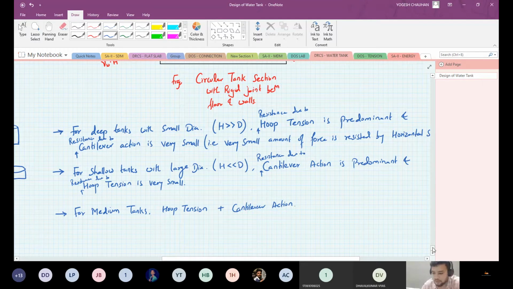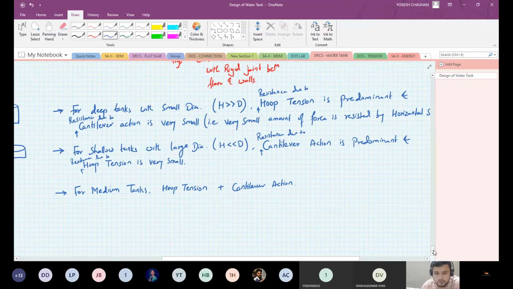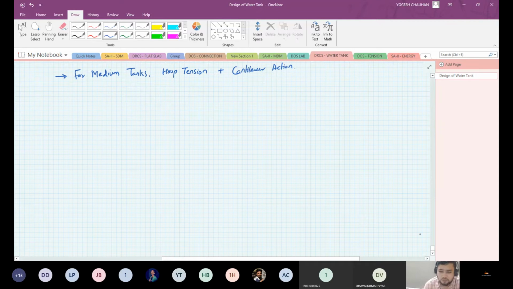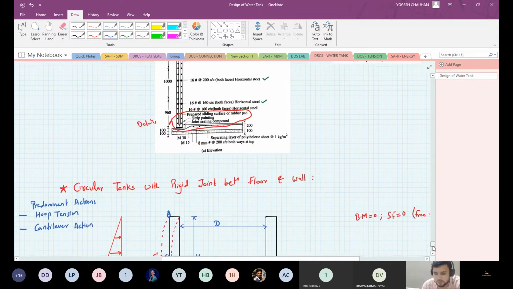So with this, let us derive a formula to find the bending moment at different heights of such tanks. For that, let us consider the same tank section.